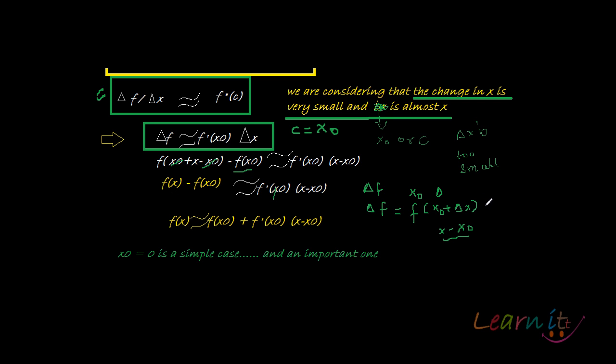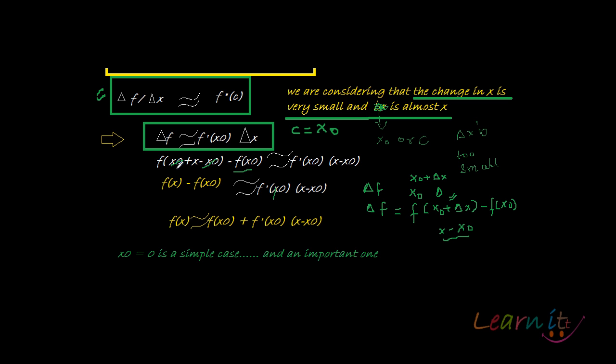Delta f will essentially be this minus, this is my new point, this is my old point, f x naught. When I'm reaching a new point, I'm essentially adding a delta x.